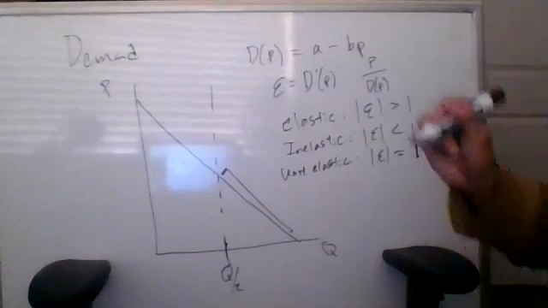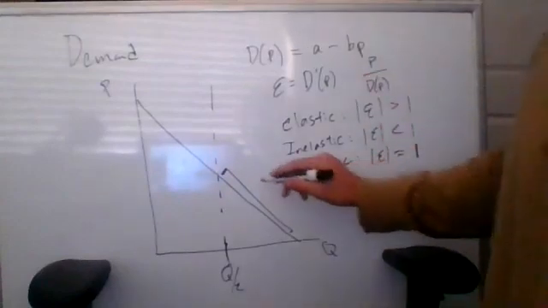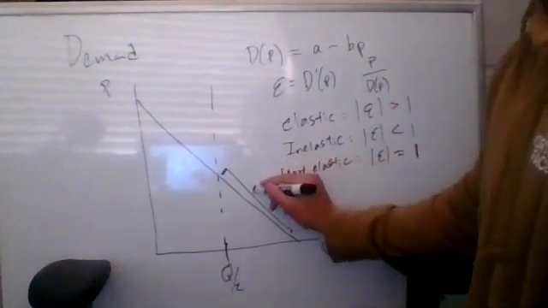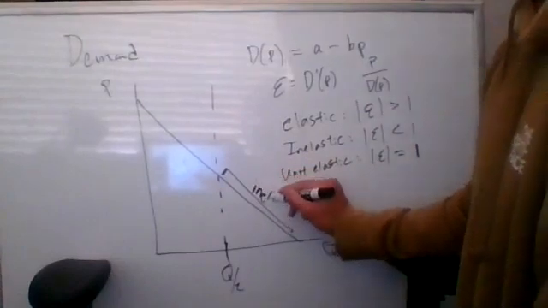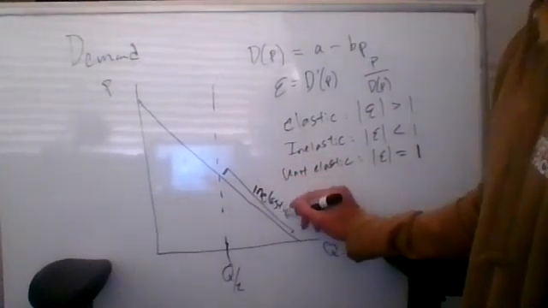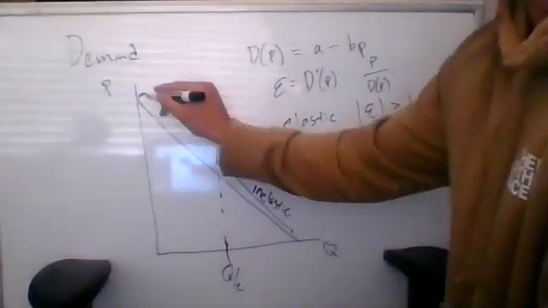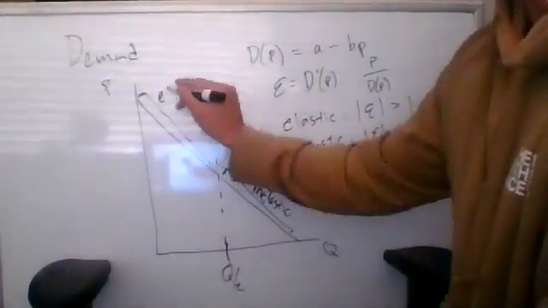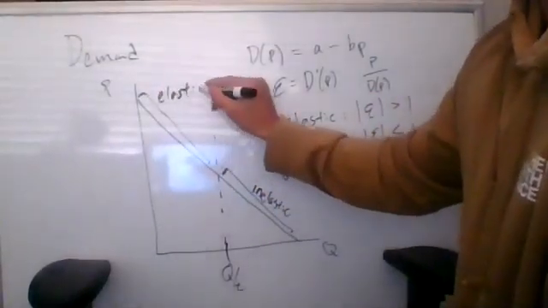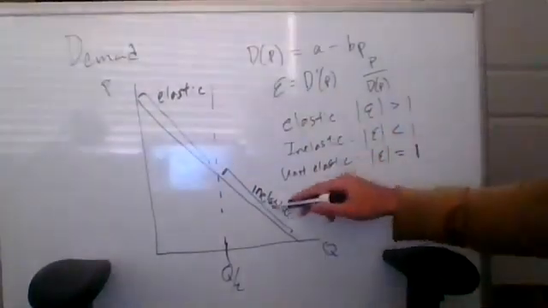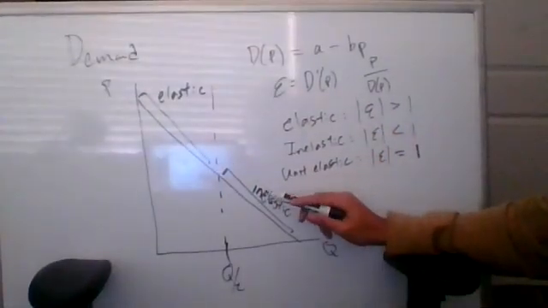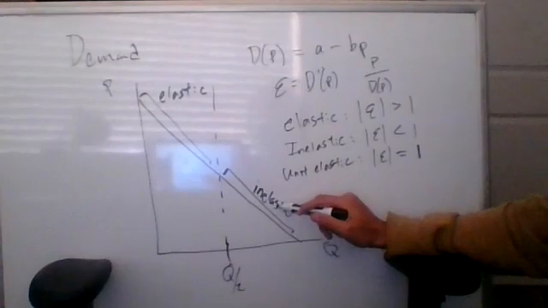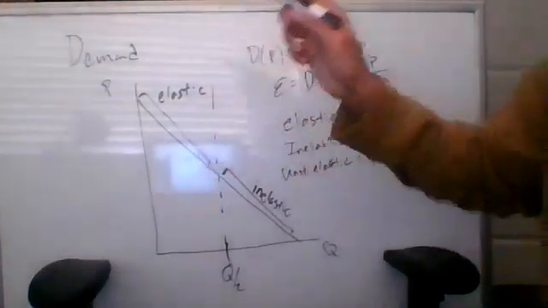I stand corrected. But this portion of the graph is what we call inelastic, and this portion of the graph is what we call elastic, meaning that the absolute value of elasticity is less than 1 here, and it's greater than 1 here, okay?